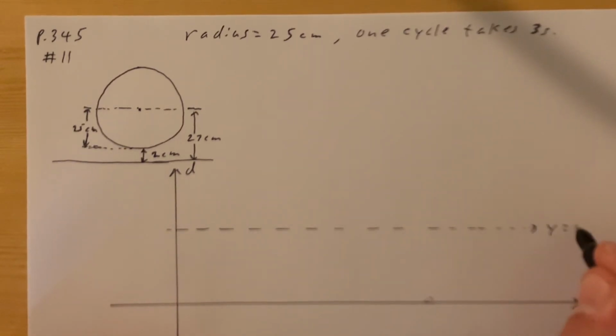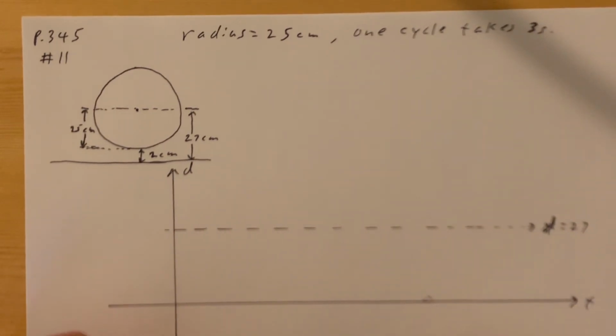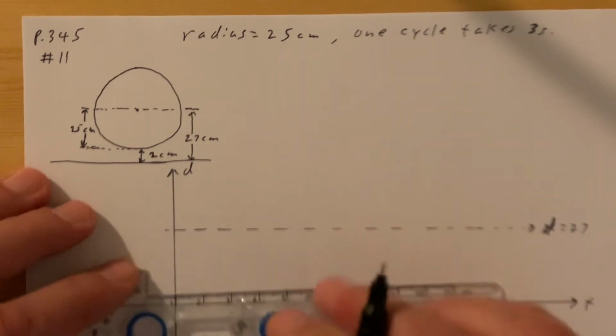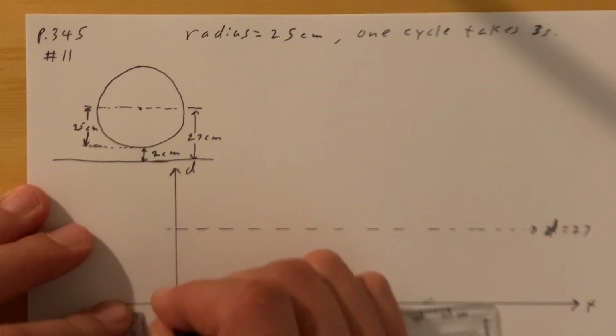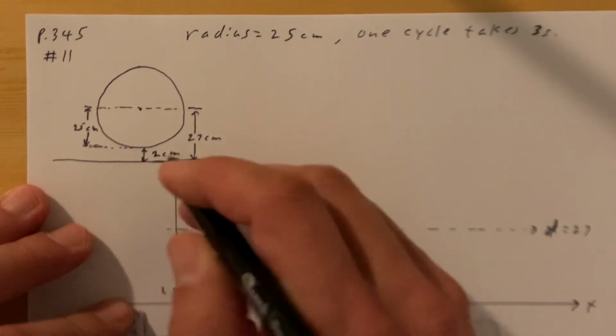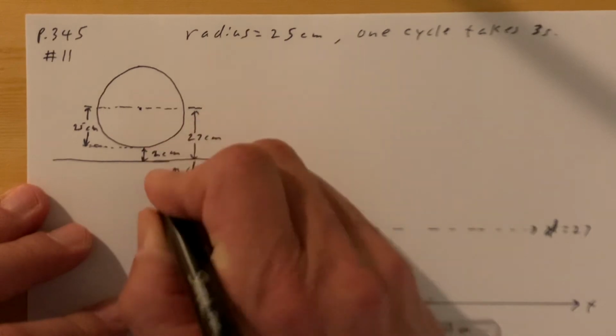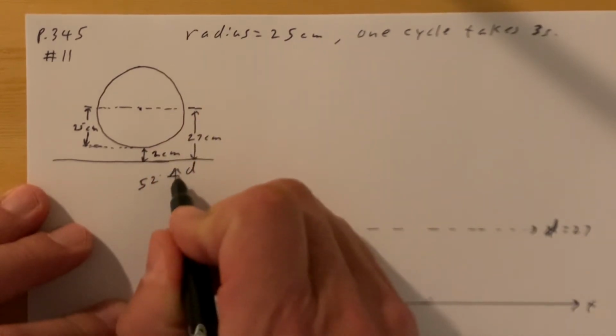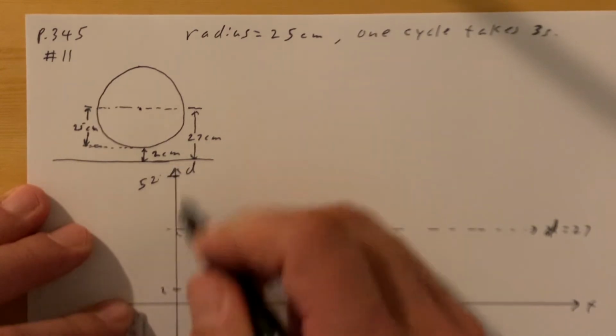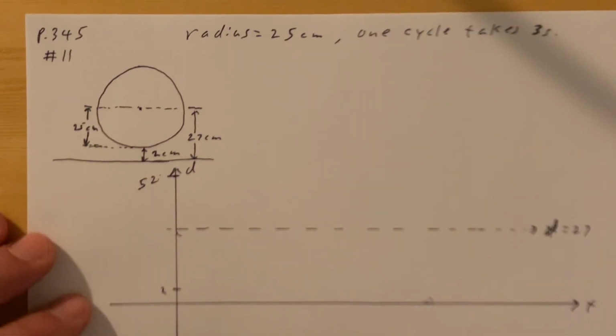So d equals 27, sorry, d equals 27. Okay, and then the bottom will be about 2 centimeters, so this is not to scale. And then the top, 25 above that, would be at 52. Okay, so that's going to be 52, 2, so that would give me a diameter of 50.